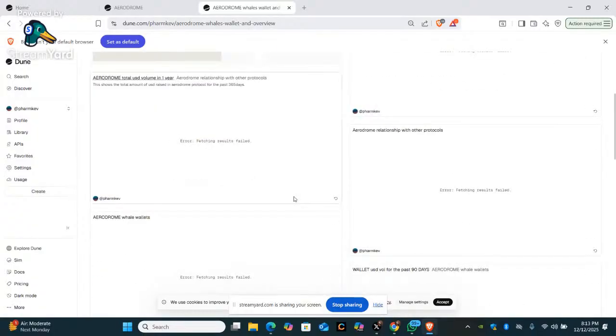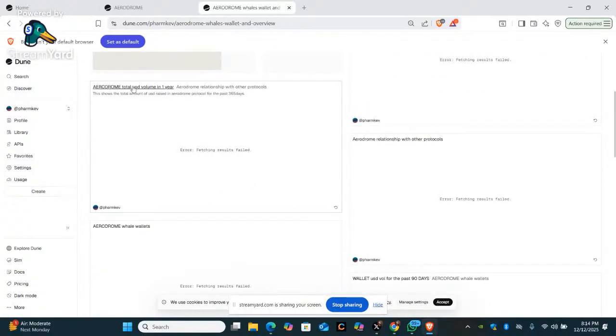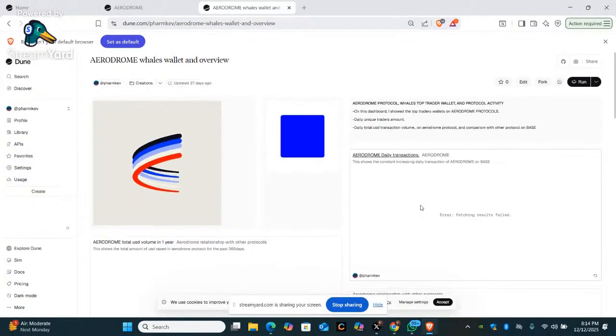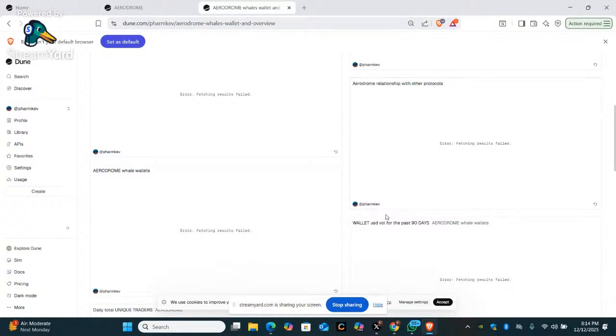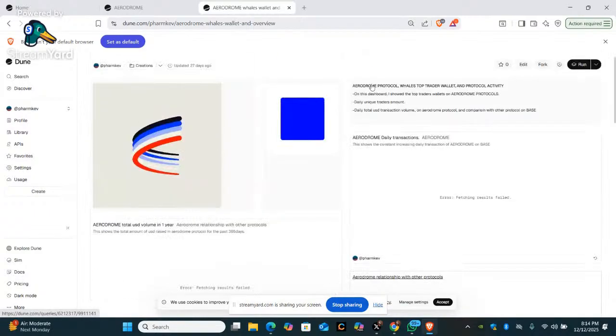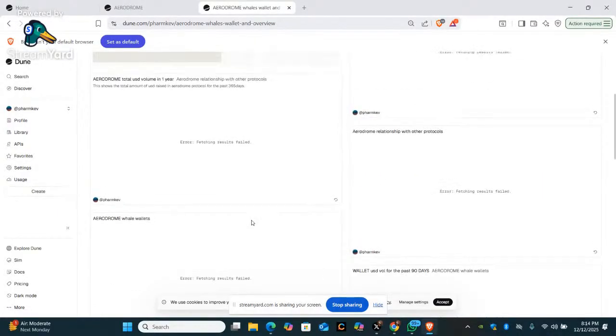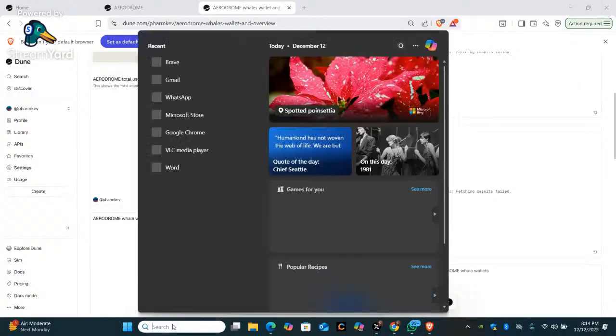VPN is not on. I don't know why it's showing this. What could be the issue from here? My VPN is not on. I don't think any VPN is on.